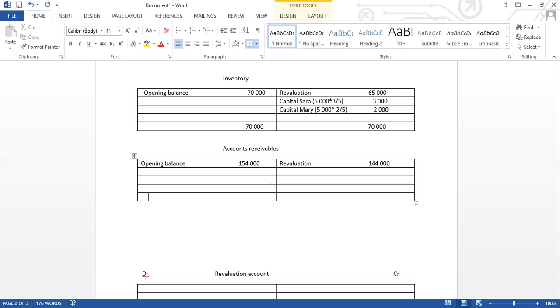The opening balance is more than the revaluation balance. So our accounts receivables decreased. Obviously the 154,000 is the bigger amount, so you write it on both sides.